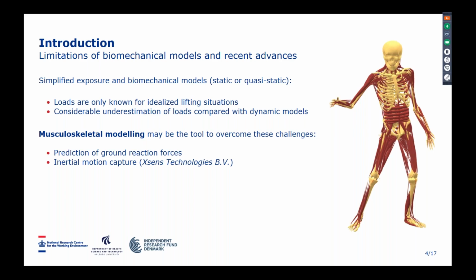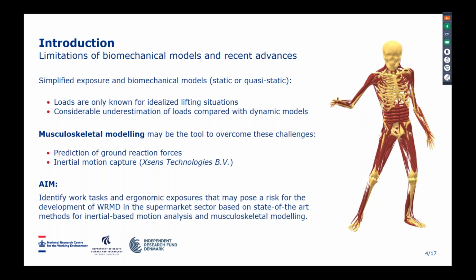And it also means that we can take our experiment outside of the laboratory and actually measure these kinematic data in a work environment, for example, or in any other sort of environment, and you do the full inverse dynamic analysis based on this information when we use this prediction method.